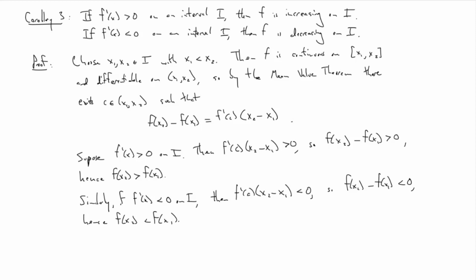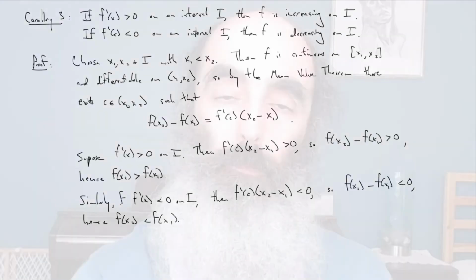And that makes the left-hand side of the equation negative as well. f of x2 minus f of x1 is negative. And so f of x2 is less than f of x1. And that's what it means for the function to be decreasing. As you go from the left to the right along the x-axis, the function values are getting smaller. So that finishes the proof of this corollary.